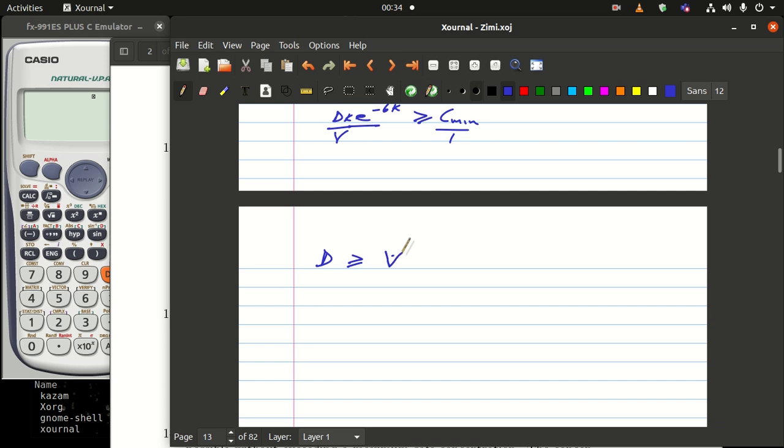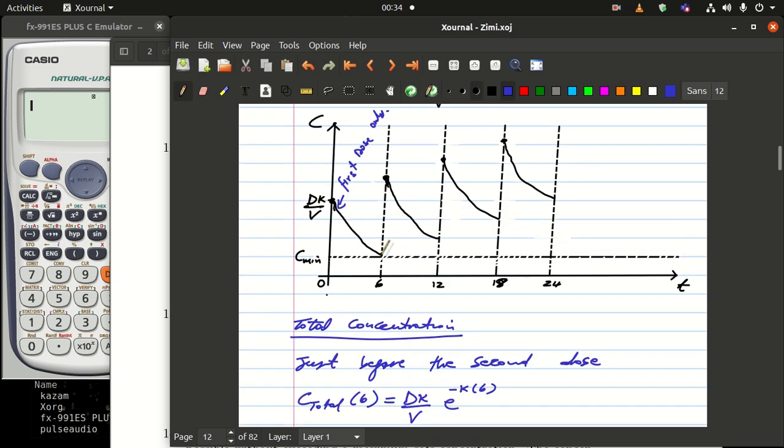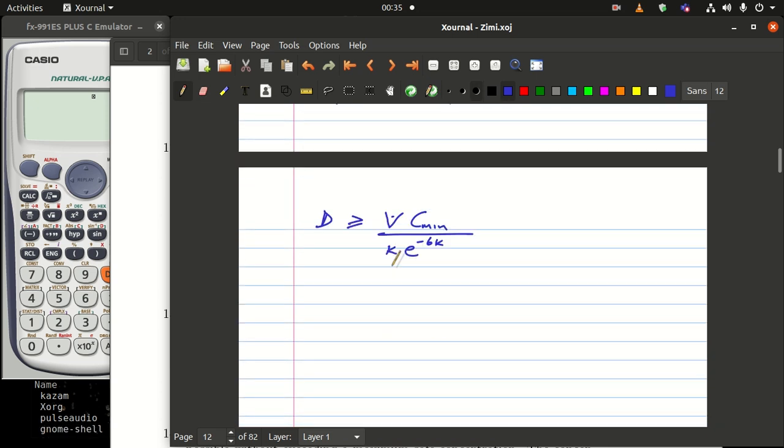I will have a V, and then C min, and then I will divide by K e raised to minus 6K. So that is what we are having. So our D must be bigger than or equal to that, so that the concentration at this point is above.